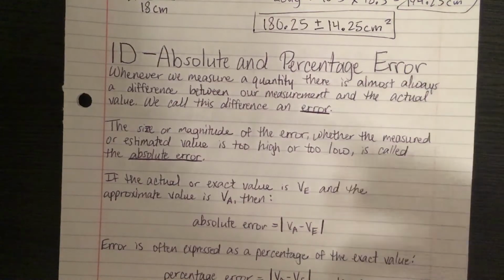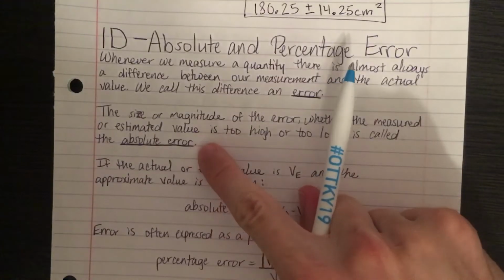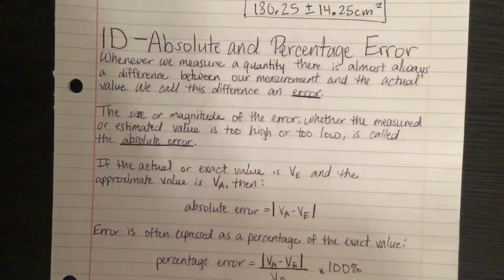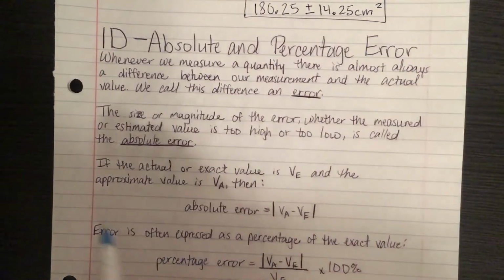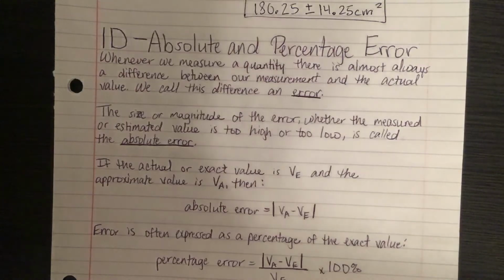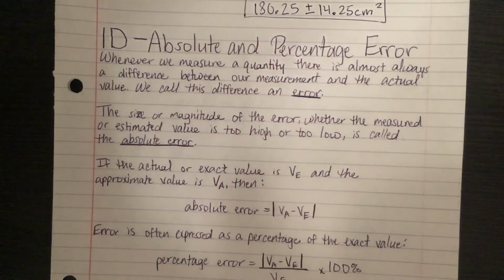The size of this error, whether it's high or low, we're going to refer to in this class as the absolute error. Which sounds kind of scary, like you're completely wrong. But it just means that we're going to take the absolute value of it.